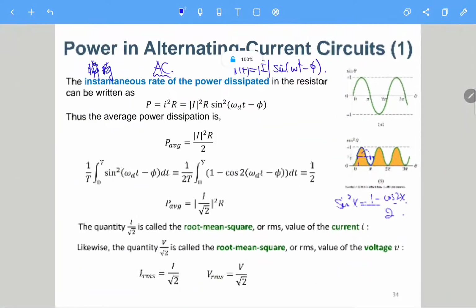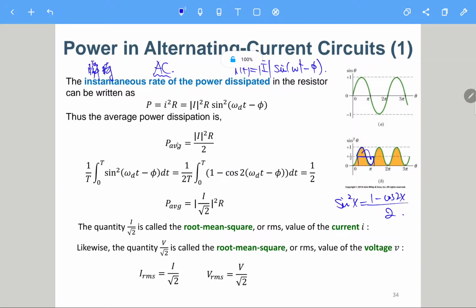And of course, if we need to do it carefully using mathematics, we integrate this signal over a period from 0 to T. And of course, omega times T should be 2 pi, something like this.